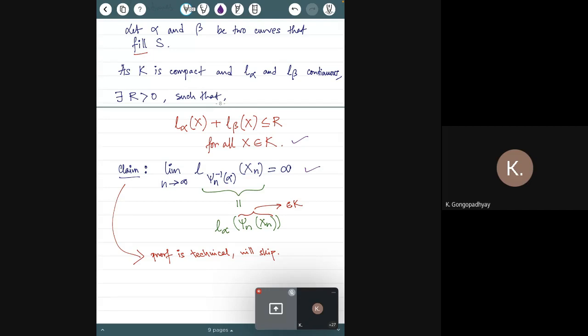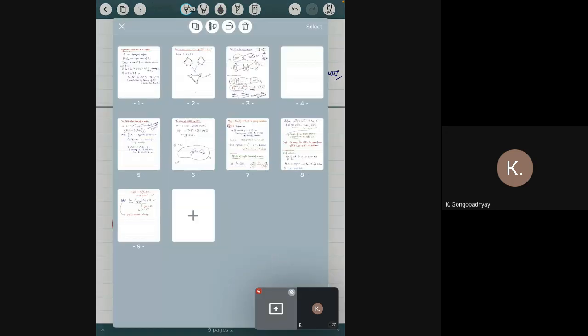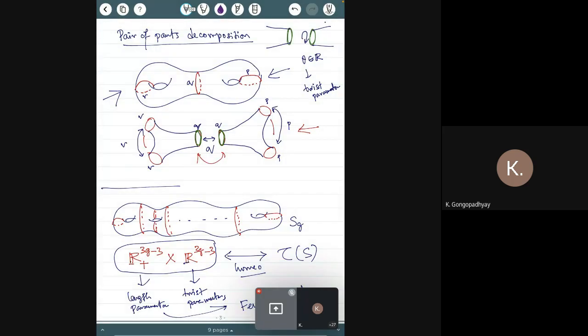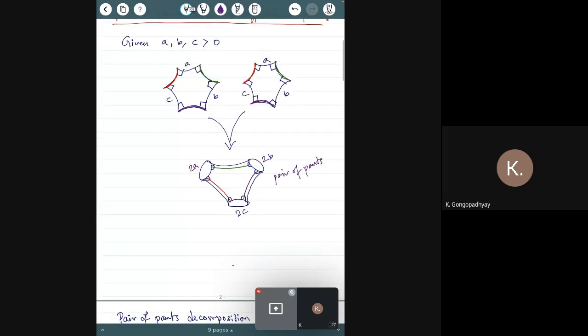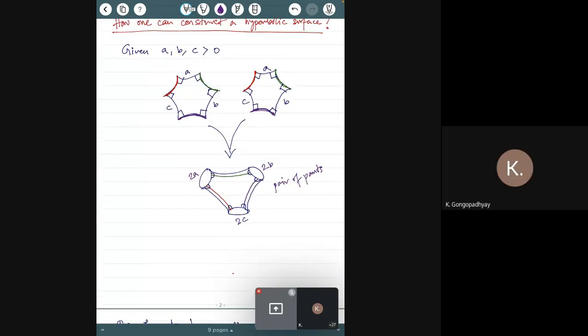Yeah. So I think that question, why the lengths of the boundary curves or the boundary geodesics of a pair of pants determine its hyperbolic structure, also follows from the picture that Soumya drew about hexagons. So you are essentially getting a pair of pants by gluing two hexagons, right? And these three lengths determine a hexagon up to isometry.